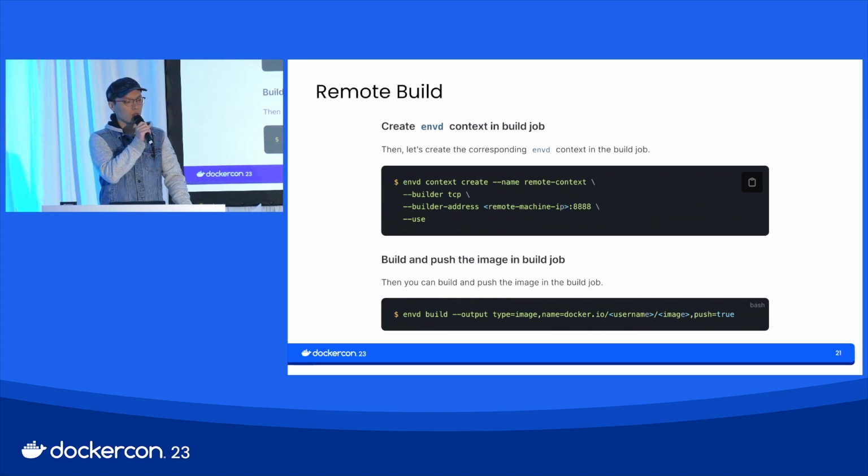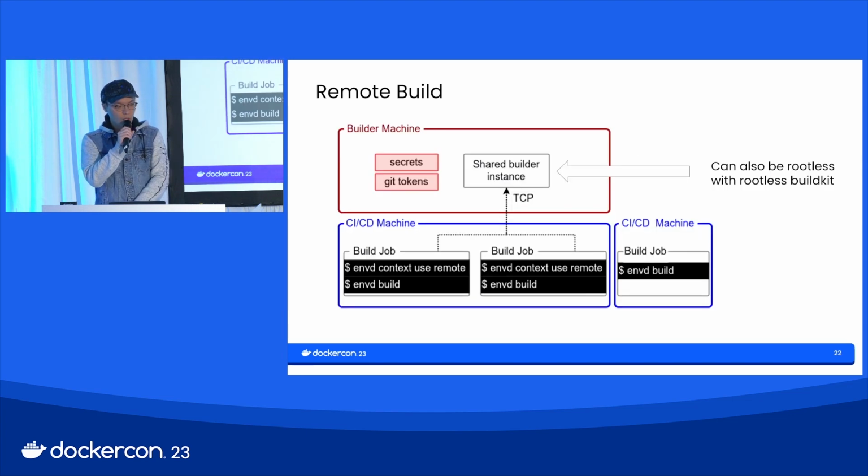This is pretty useful when your build process needs lots of CPU resources. In some machine learning workflows, you need to compile something from C++ source code.